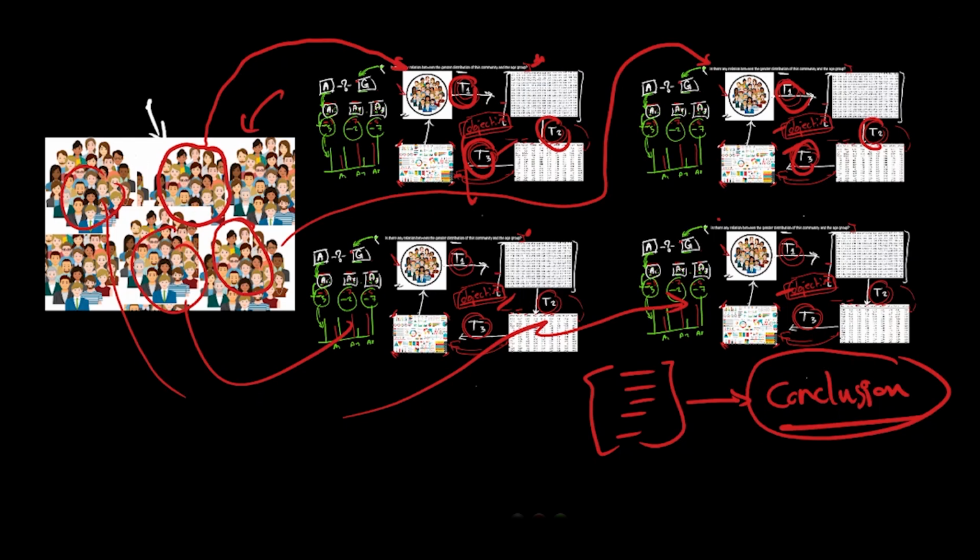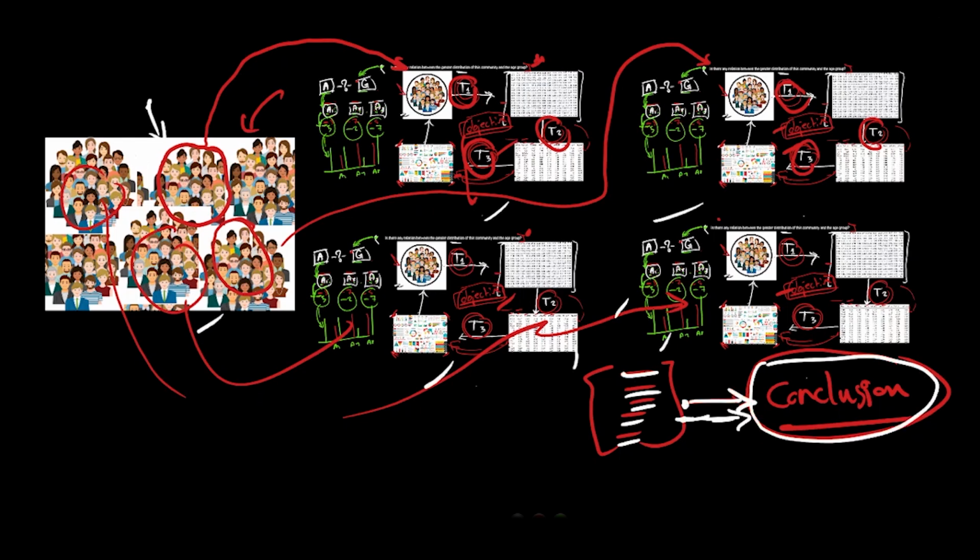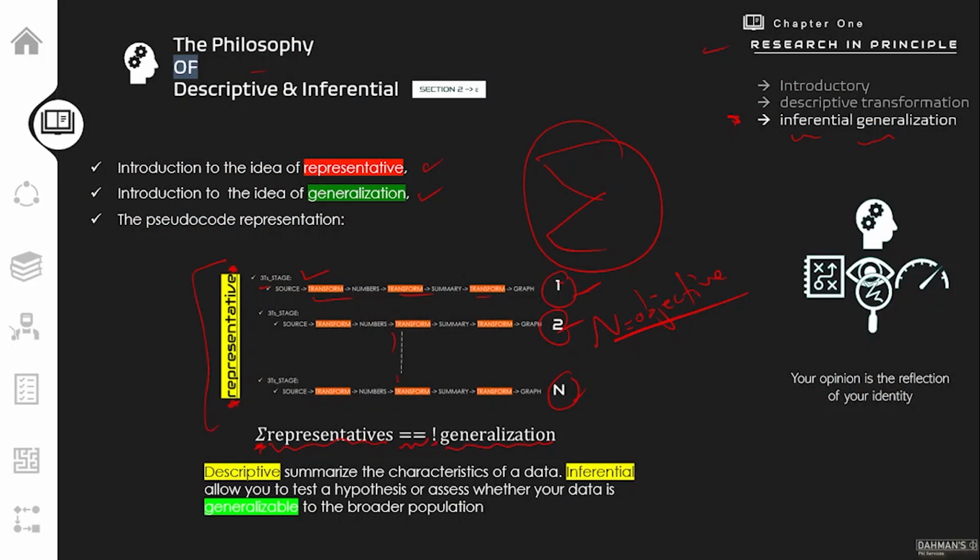What is this? This is the image of inferential. So I hope now the visual representation of inferential is quite clear to you. This is the art of inferential and generalization. That is what inferential and generalization is all about.